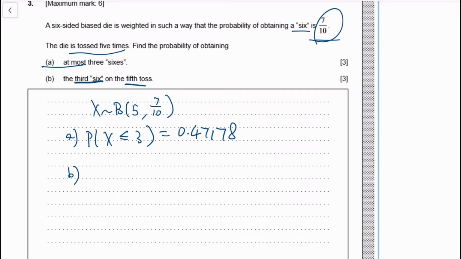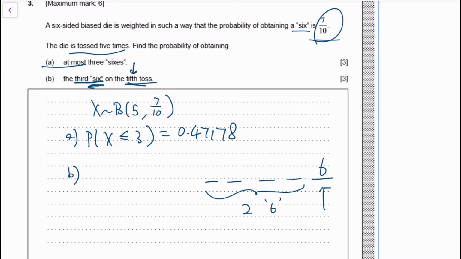So you want 5 tosses, so 1, 2, 3, 4, 5. And you want that on the 5th toss, you had your third 6. So first of all, for the 5th toss, it has to be a 6. But this 6 has to be the third 6. That would mean that in the previous 4, there have to be 2 sixes somewhere.